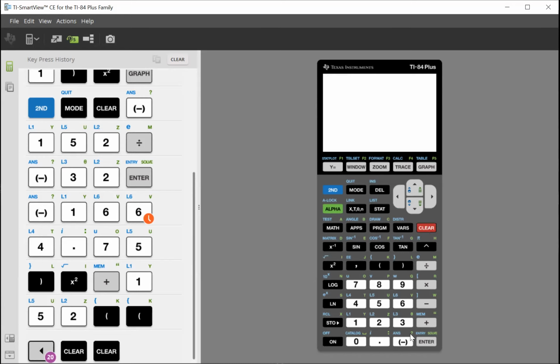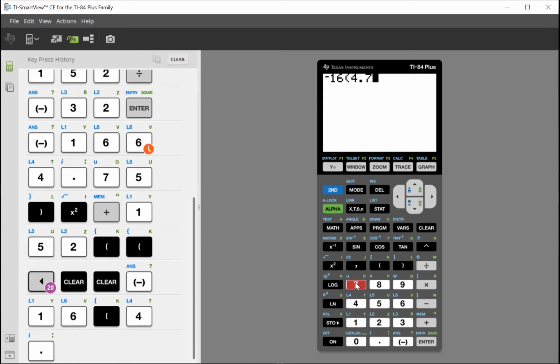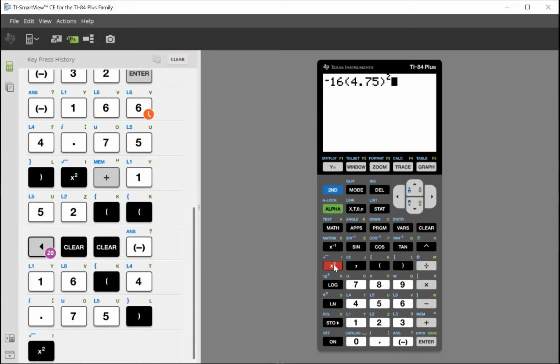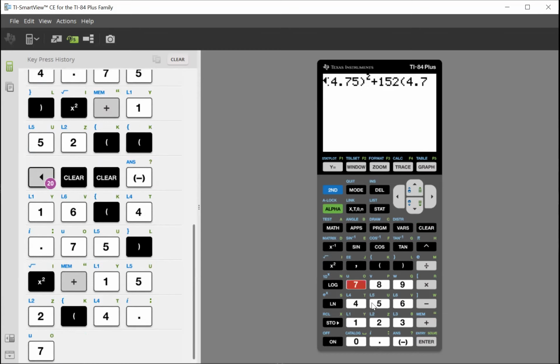All right, y'all, here we go. -16. I'm going to watch my screen now. Parentheses 4.75 close parentheses and square that, plus 152 times parentheses 4.75 close parentheses plus my 3.